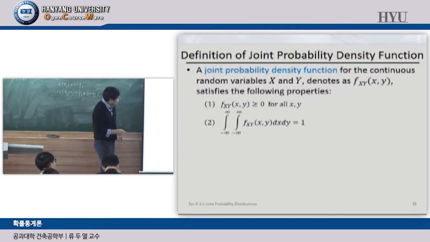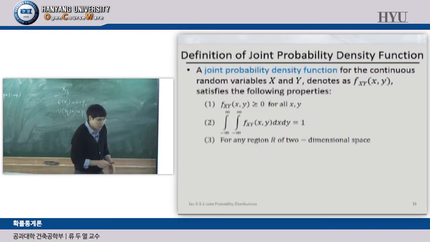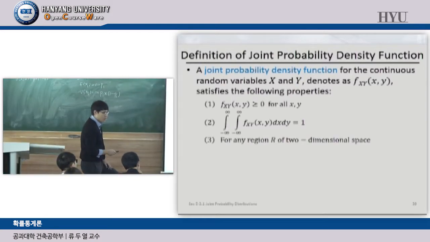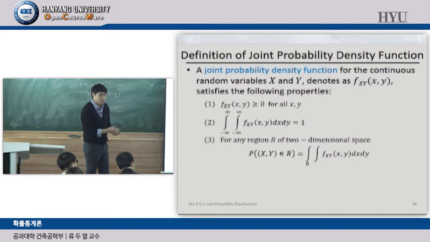The integration of the joint probability density function of x and y from minus infinity to infinity should be equal to 1, right? And thirdly, for any region R of two-dimensional space, the probability that x and y are included in the region R should be equal to the integration of the joint probability density function of x and y over the region R.